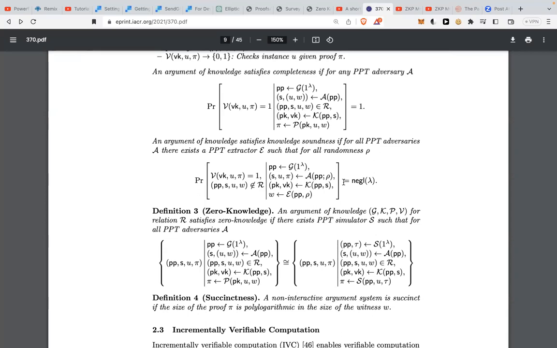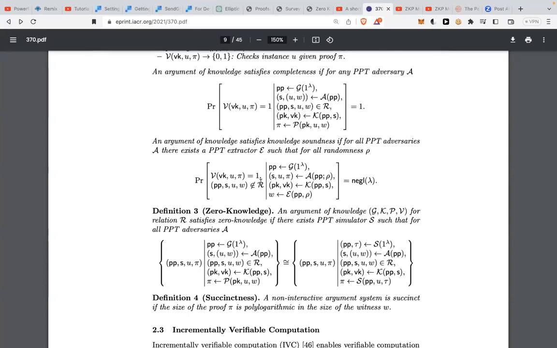Yes. You say that the left side, PP, SU, W, does not belong to relation R. So if we change the notation from not belonging to belonging, I think the whole probability should be equal to 1. Right, because it's the negation, or sorry, the opposite.